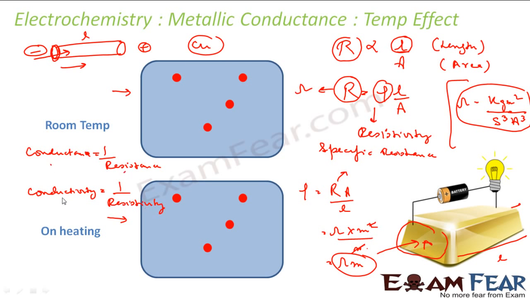So conductance is 1 by resistance, conductivity is 1 by resistivity. Conductivity, or specific conductance, you call by K. K is kappa, right? So I can say kappa is 1 by rho. Kappa is conductivity, rho is resistivity. Conductance is 1 by resistance, conductivity is 1 by resistivity.